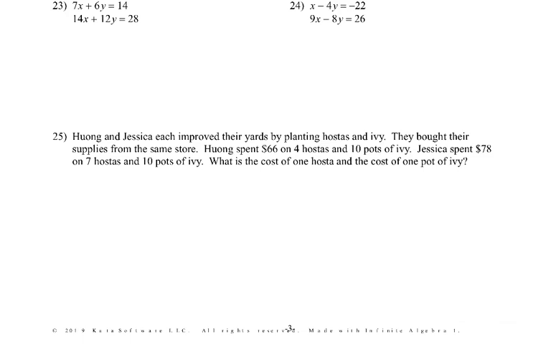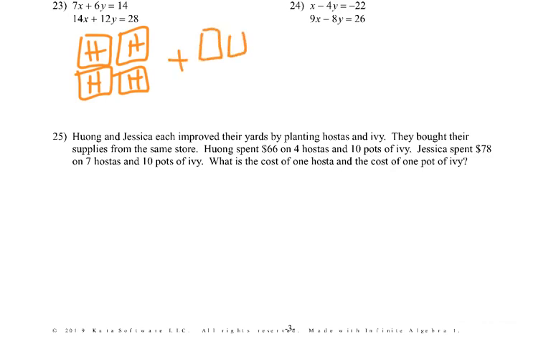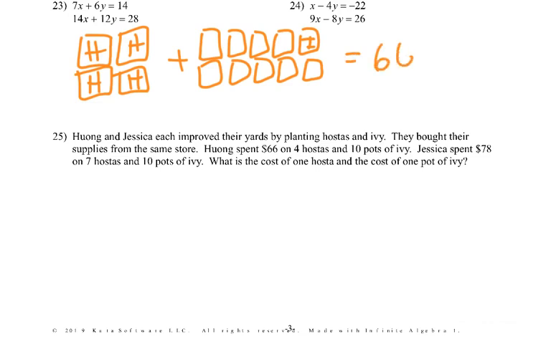So we could think about this visually and say, okay, we've got 4 of the one type of plant, right, for Huang, plus 10 of ivy, so those are the ivy, and that was 66.